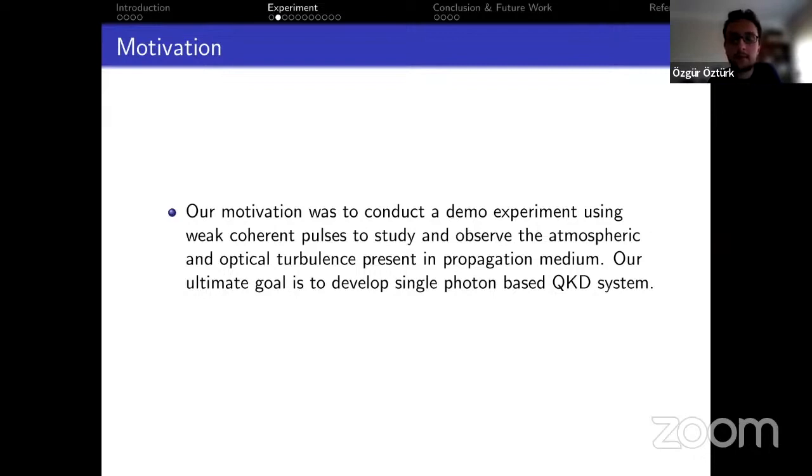As an intermediate step, we wanted to study and observe the optical turbulence present in the propagation medium in order to use a free space channel. By doing this experiment, we want to study the turbulence effects and how to avoid and solve this problem.